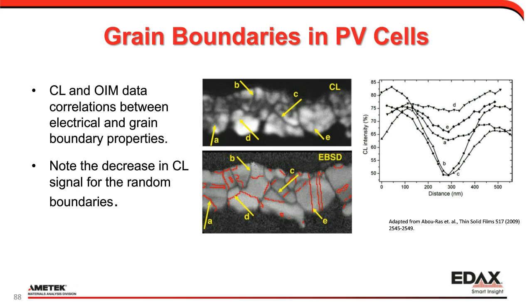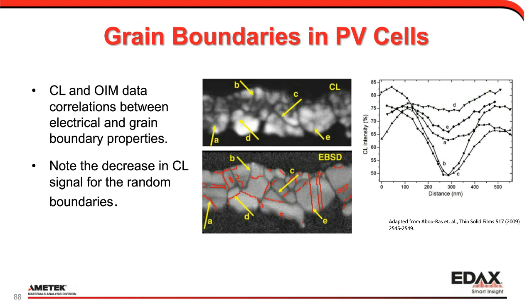So in this case, it's CL data, cathodoluminescence data. From the same area, we have EBSD data. And within the EBSD data, there on the bottom, this is where we can identify boundaries as being random high-angle boundaries, or we can identify them as being CSL twin boundaries within the solar cell material. And we can compare the boundary types with the CL response.